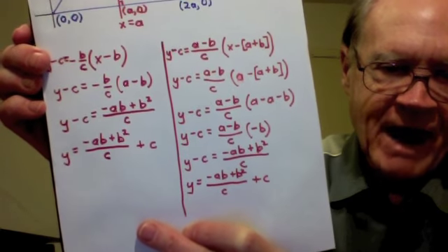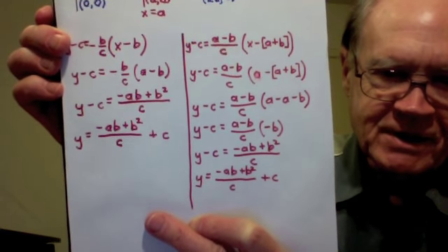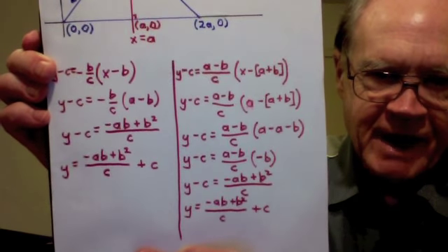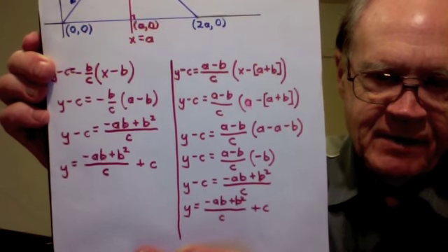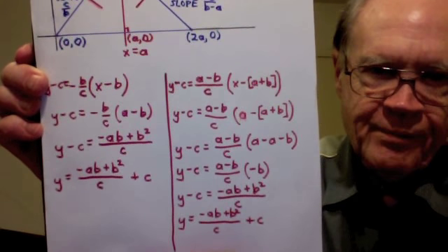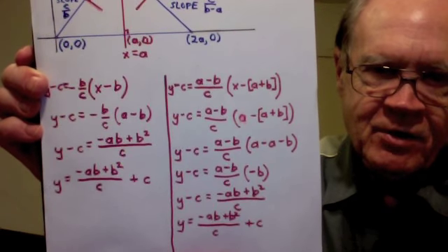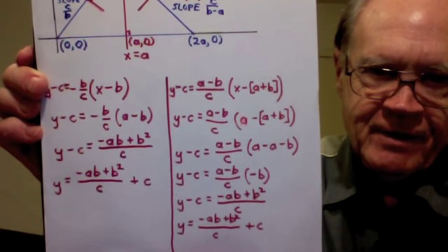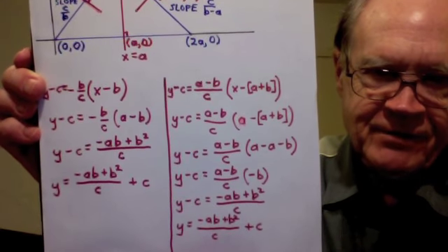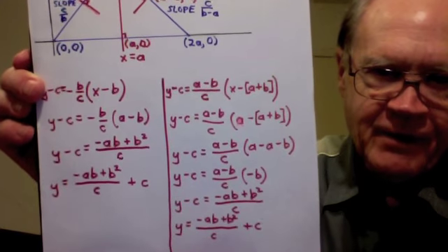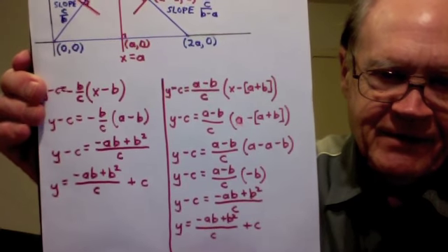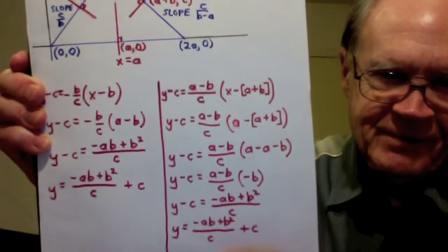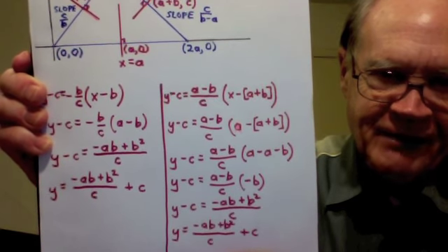With both equations, I now add c to both sides, and I get y equals the same expression for both lines. Y equals negative ab plus b squared all over c plus c. So that is the y coordinate where the 2 points meet on that vertical perpendicular bisector. That is, the coordinates of the point where they meet are the x coordinate is a, and the y coordinate is this expression which we have on both sides. So all three meet at that point.